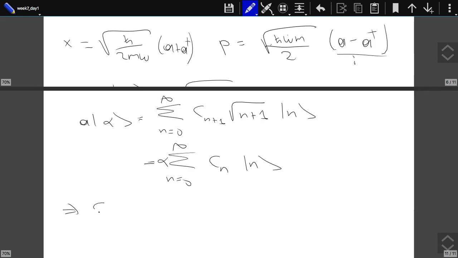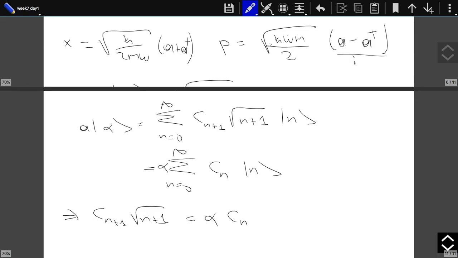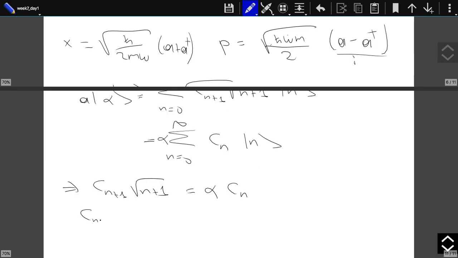But this equation tells me that Cn plus 1 times square root of n plus 1 should be equal to alpha times Cn. So the coefficients in these expansions have to be related. Cn plus 1 is alpha over square root of n plus 1 times Cn.